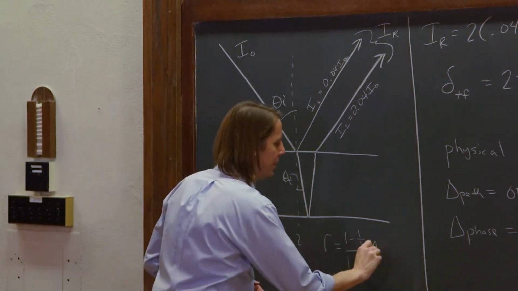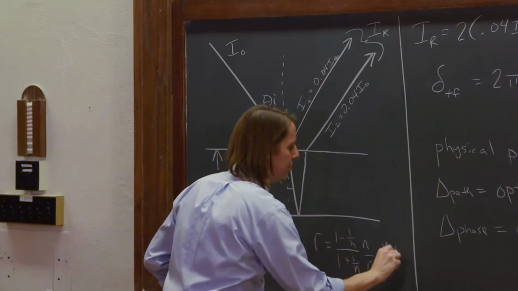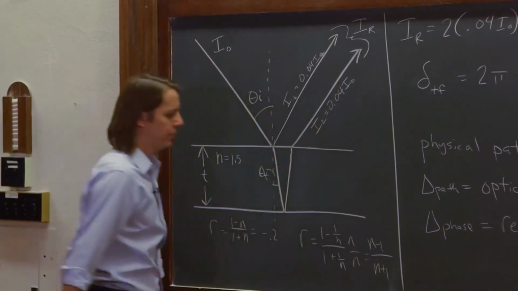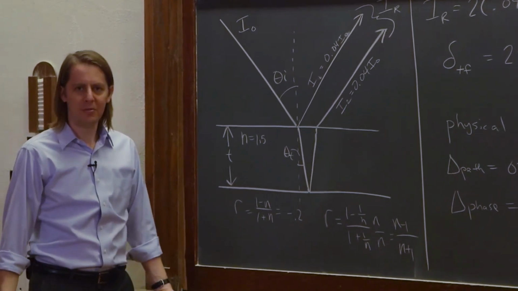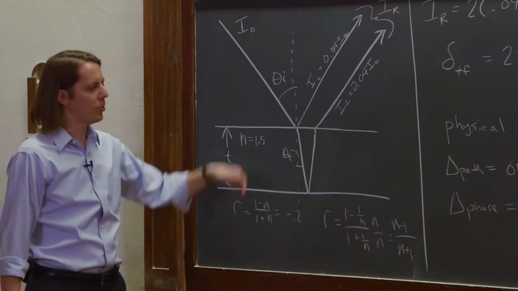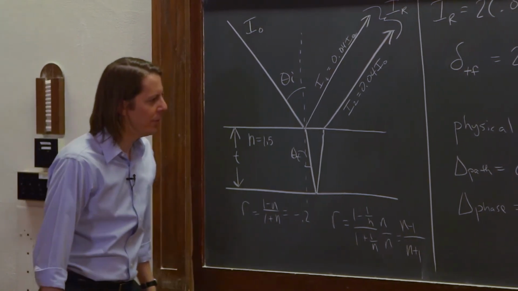Now multiply by n over n, and you get n minus 1 over n plus 1. And there you go. You get 0.2, but it's positive, so you don't get a phase shift there. So there's a quick check for normal incidence, a lot quicker than going through the full Fresnel equations at an angle.